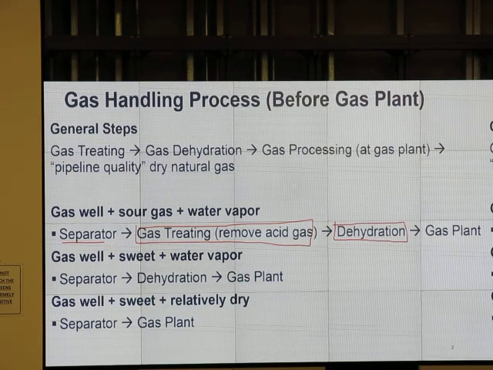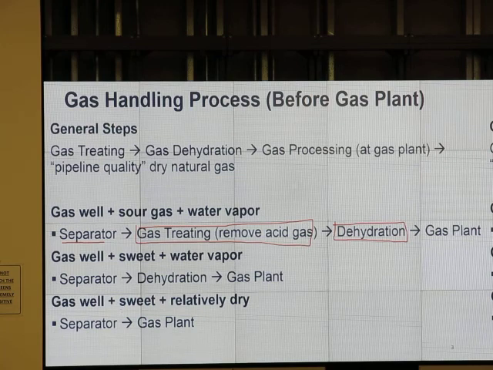The reason is that acid is corrosive and dangerous. We don't want the acid to corrode the pipe. It's not that every piece of equipment has to withstand H2S. If we remove H2S first, then the rest doesn't need any protection against it. So we remove acid first, and then water later.